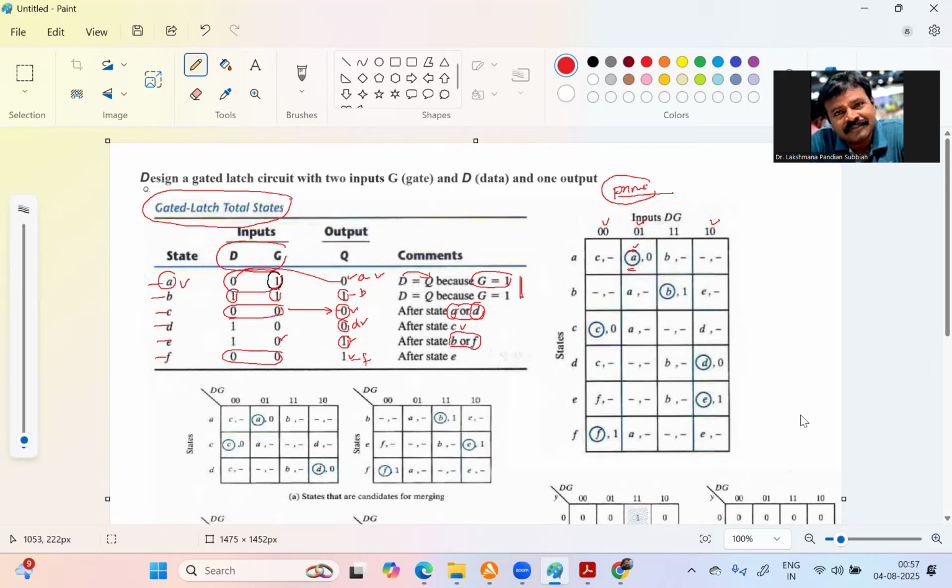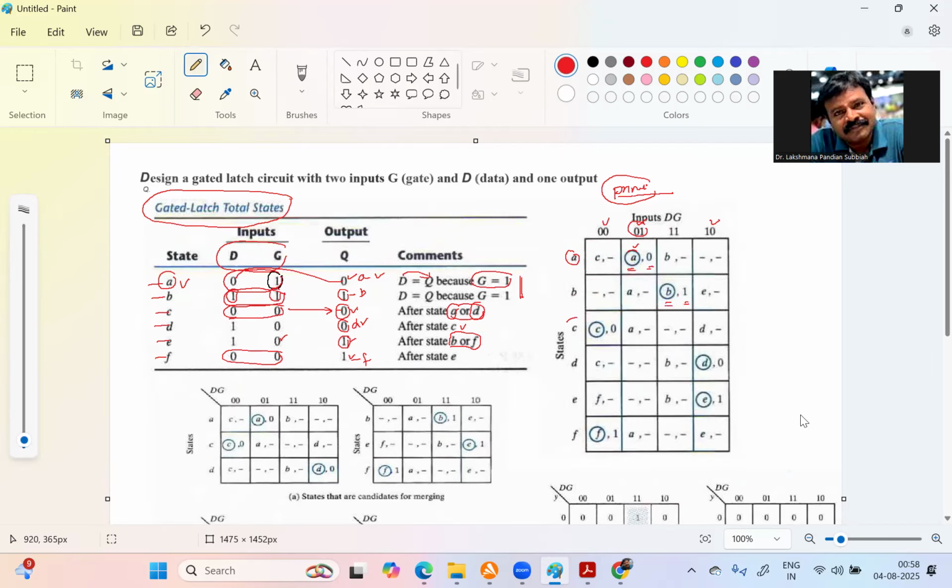From state A, if the input is 0, 1, it will go to the A state itself, and the output is 0. Similarly, for B, the input is 1, 1. In that input 1, 1 column you put B, and the output is 1.